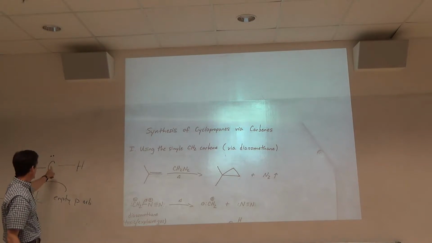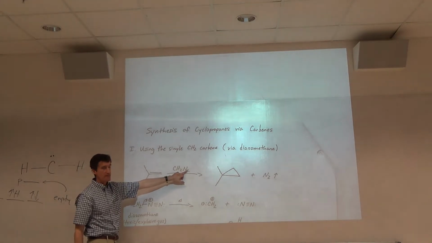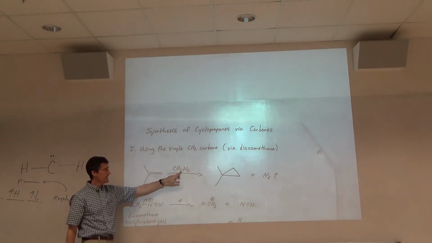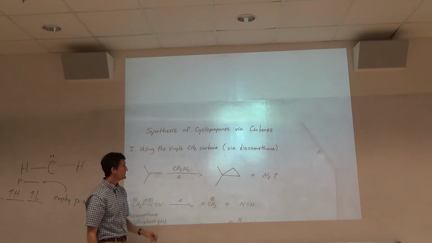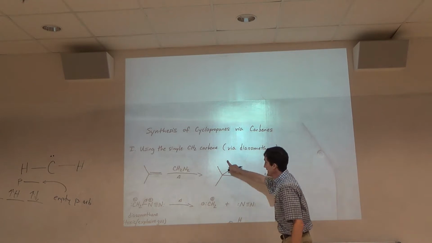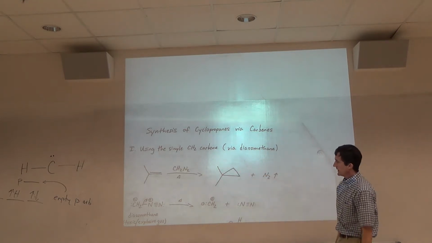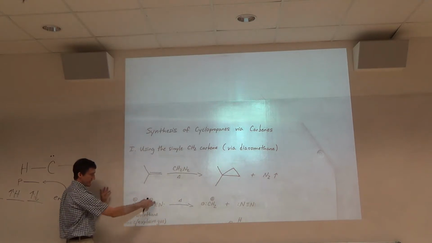How do you make CH2 carbene? You can make it from what's called diazomethane. 1 carbon is methane, 2 nitrogens is di. Azo means nitrogen. It's called diazomethane. It's a toxic gas. Here's the Lewis structure for diazomethane.